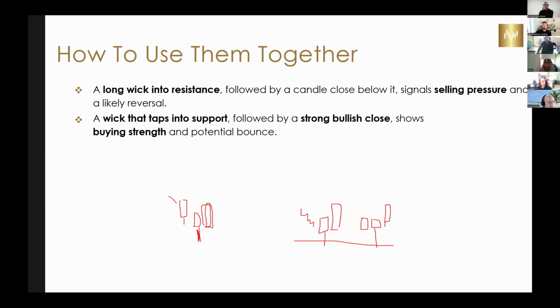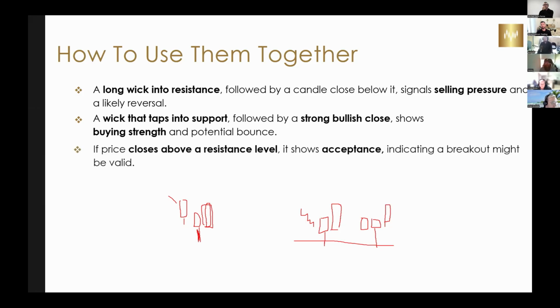So if price closes above a resistance level, it shows acceptance, indicating a breakout might be valid.